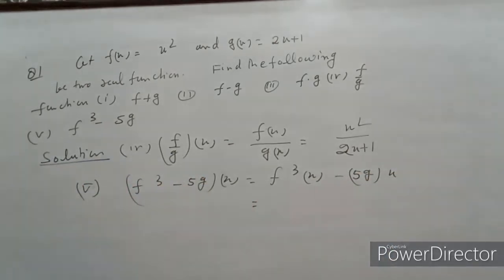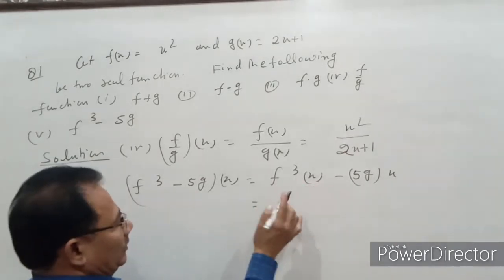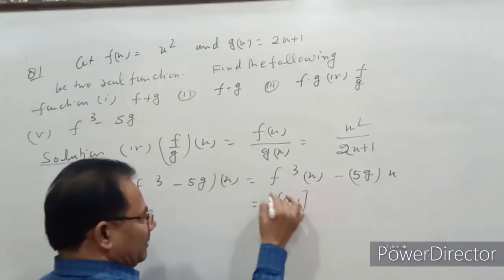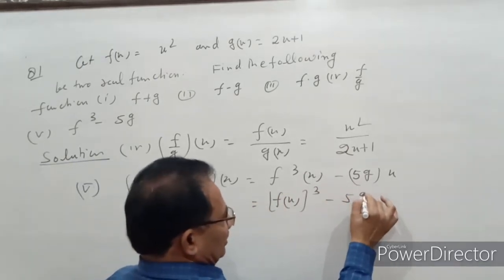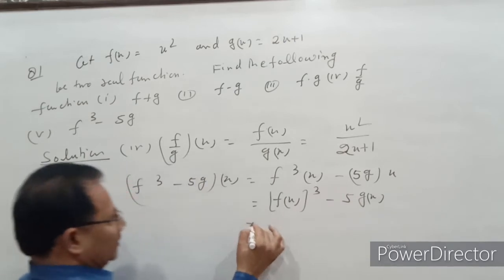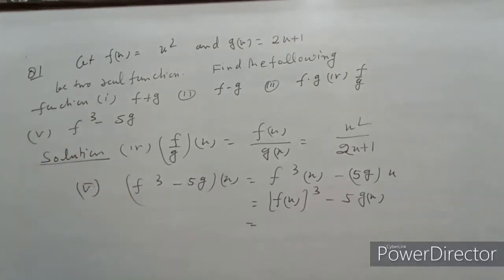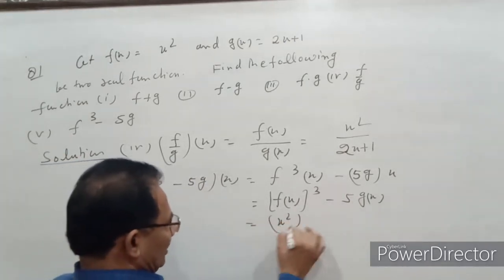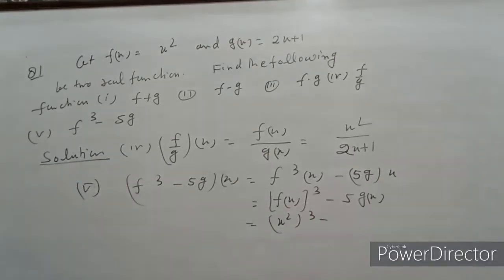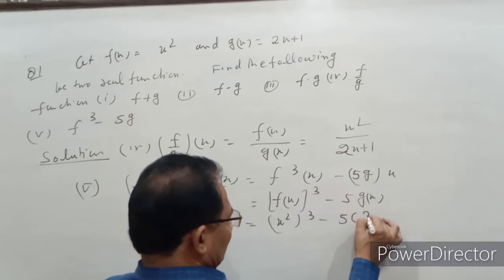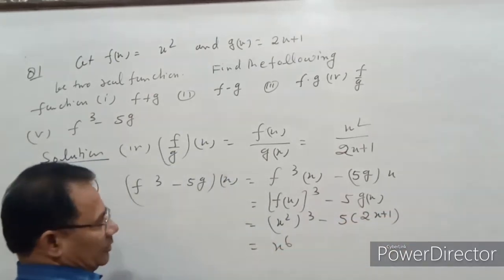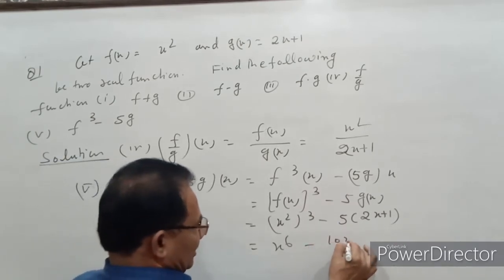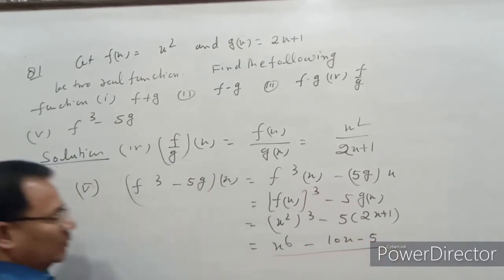Then by the definition, we can write f cubed (x) as the whole cube of f(x), minus 5 into g(x). This is equal to (x squared) whole cube minus 5 into (2x plus 1), which is equal to x raised to the power 6 minus 10x minus 5.